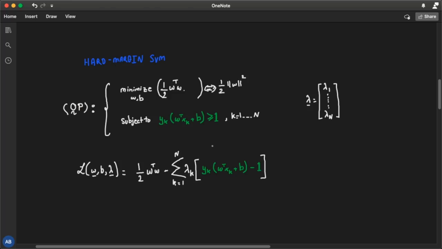Now, what you probably know from high school is that using basic calculus, once you have a Lagrangian of the problem, it suffices to take the partial derivatives of the Lagrangian with respect to the unknowns, w, b, and lambda, and set them to 0. You get a system of equations in w, b, and lambdas, and you solve for those unknowns.